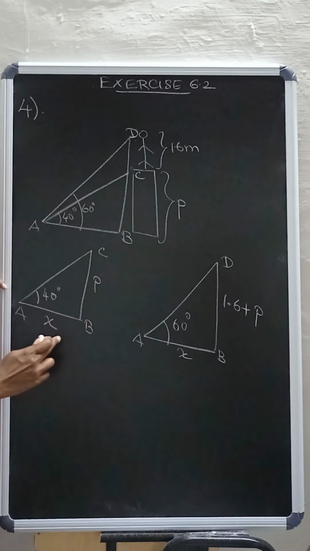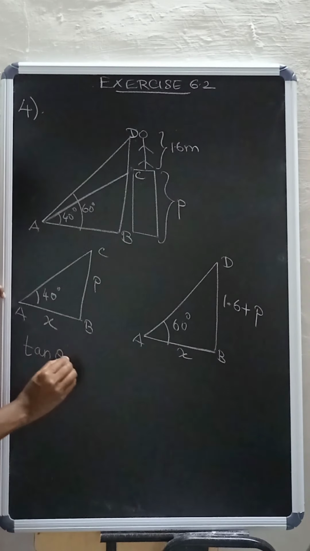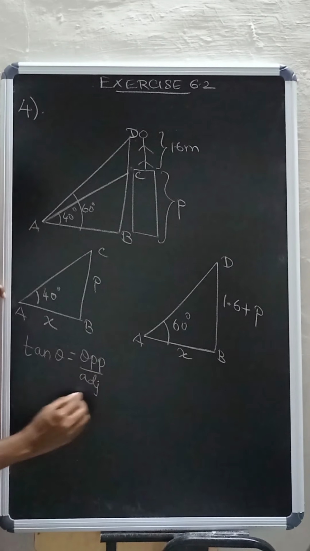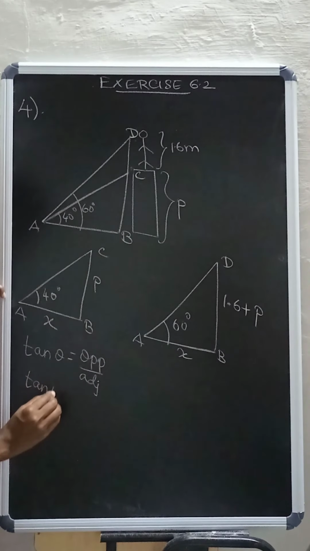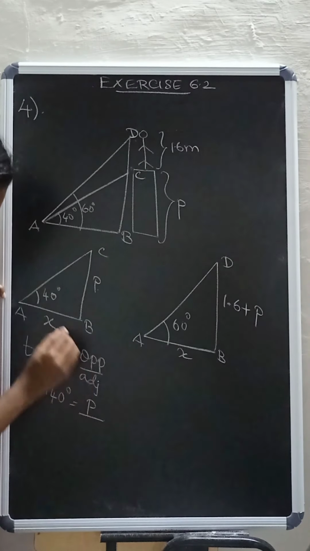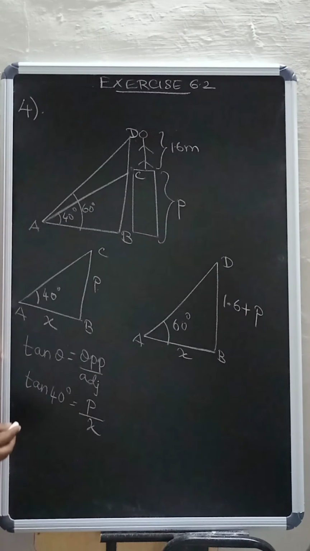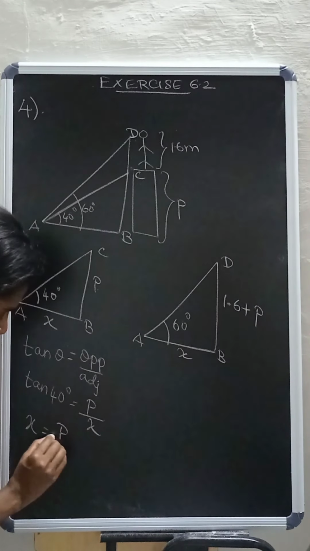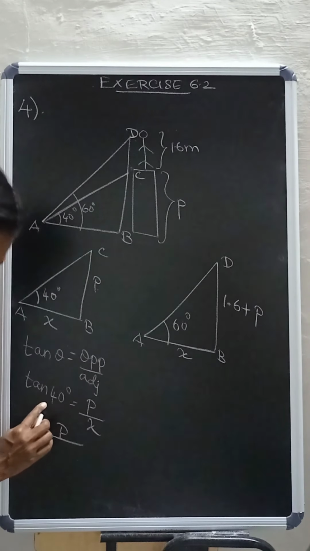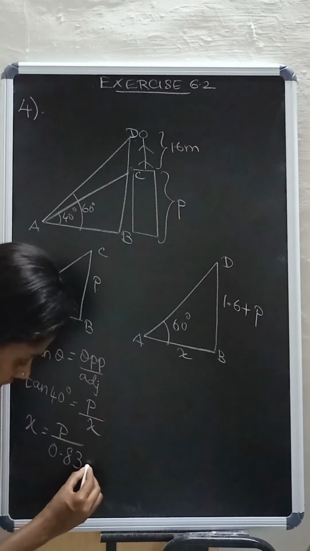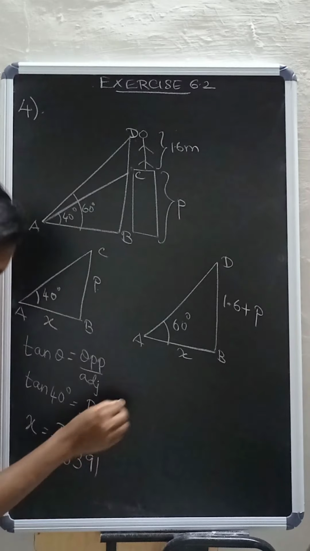We have the opposite and the adjacent. So we will take tan theta. Tan 40 degrees is equal to opposite is P and adjacent is X. Now X is equal to P divided by tan 40 value they have given in the question, 0.8391.